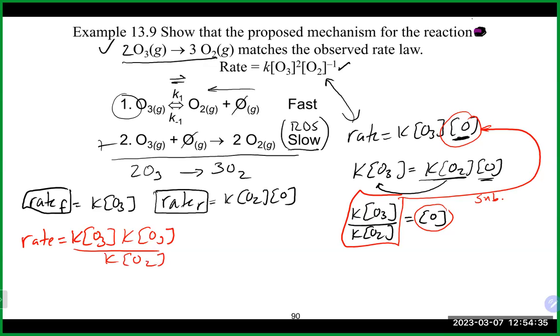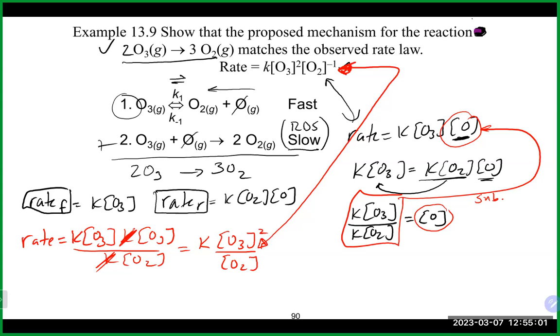Once again, we could do some cleaning up of this. The k on top and bottom are going to cancel. That would then give us k[O3] squared divided by [O2]. Now we have a rate law that we could compare to the one that was found experimentally.